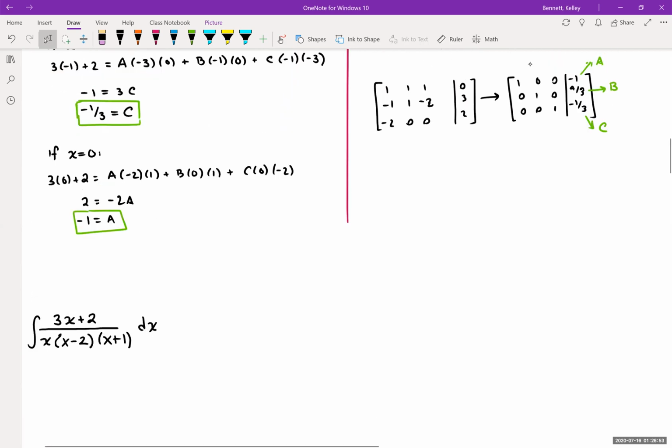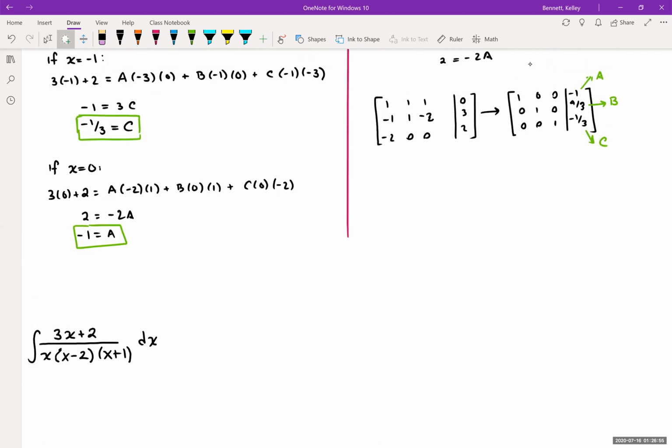Okay, so now that I have A, B, and C, I'm just going to rewrite this as my sum with A, B, and C. So I get negative 1 over x plus 4/3 over x minus 2 plus negative 1/3 over x plus 1. Yes, you can write minus 1/3 over x plus 1. Yes, you can write minus 1 over 3 times the quantity x plus 1.